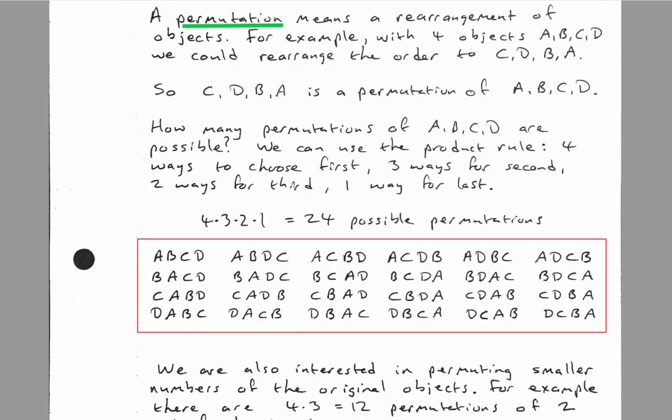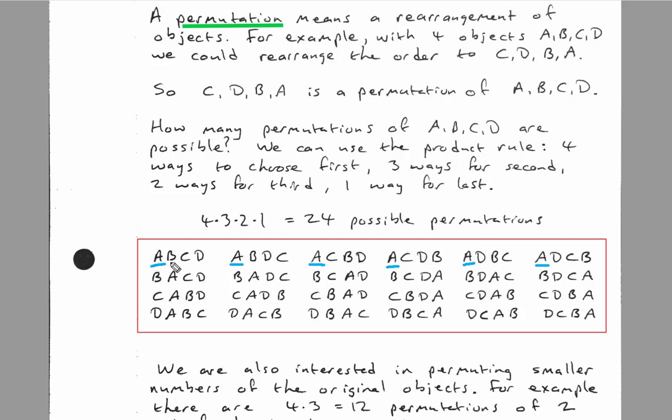And this is what they look like. I made this list just going systematically, so that the first row is where we have A. Choose A for the first element.